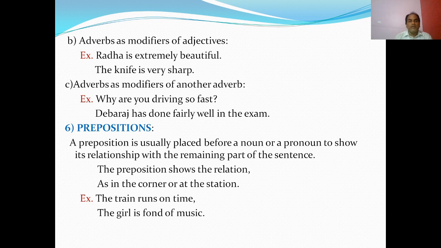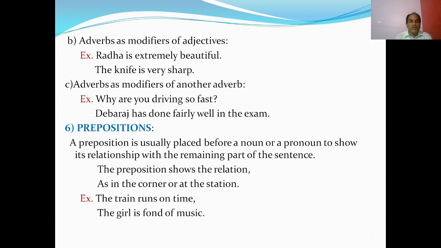Take the rhyme. The preposition shows the relation, as in the corner or at the station. The preposition, the relation word. In is an example and at is also an example.